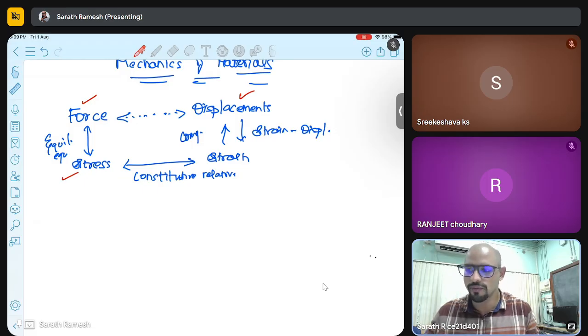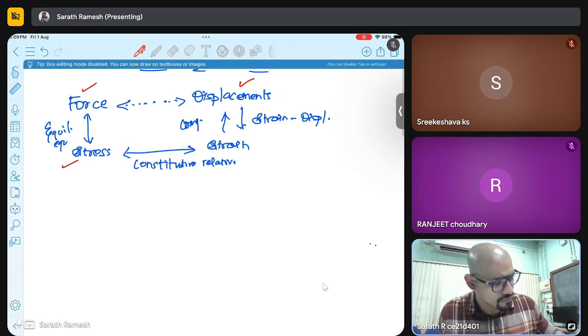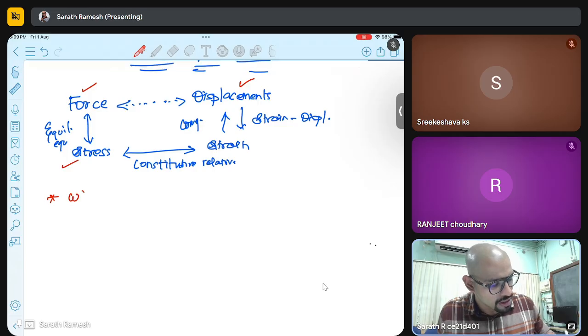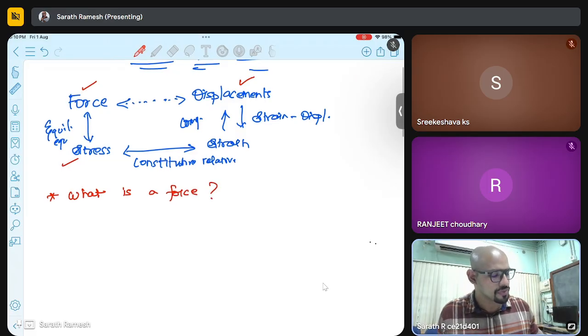First, we'll start off with force. If someone asks, what is a force, and is it a scalar or vector? We define force as an imaginary thing which we use to measure or represent displacements of bodies.